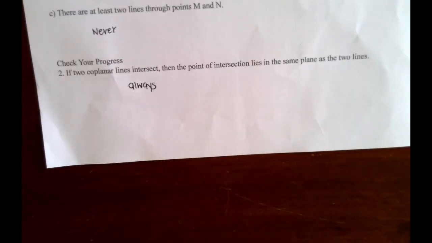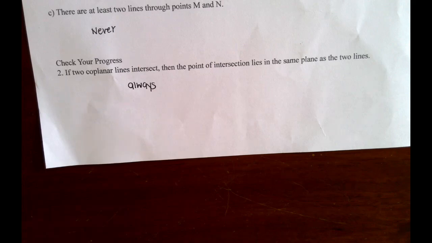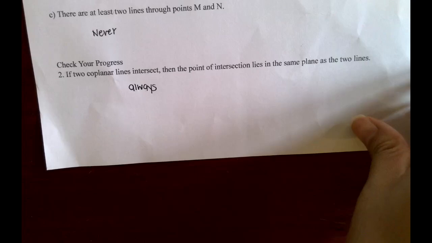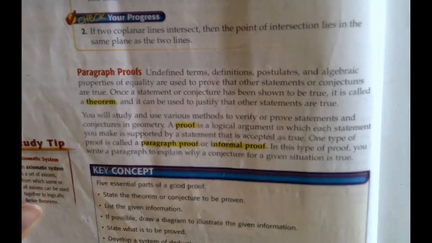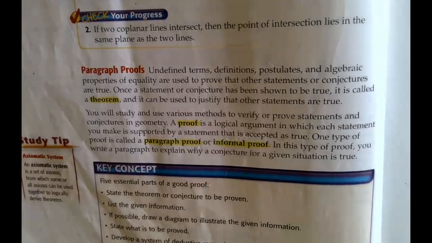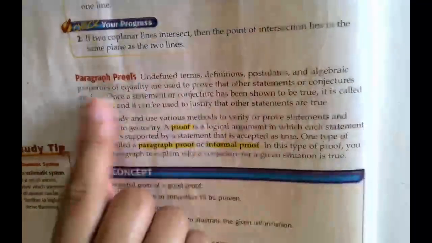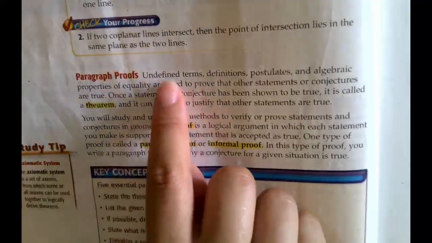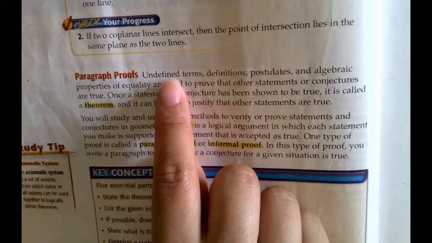So the next and last example is example 3, which is paragraph proof. Okay? So let's look at the book to see how it talks about proofs and paragraph proofs in general. So in the part about paragraph proofs, so undefined terms, we talked about that in our first lessons.